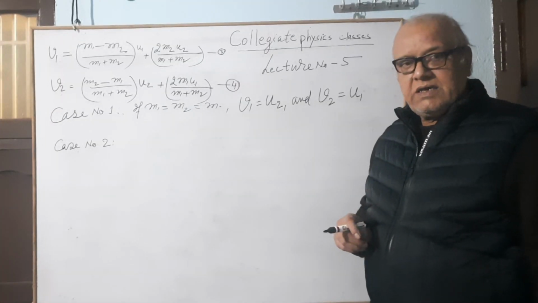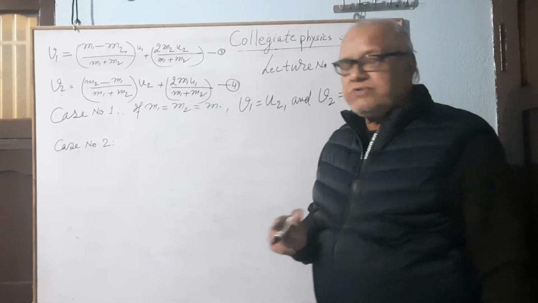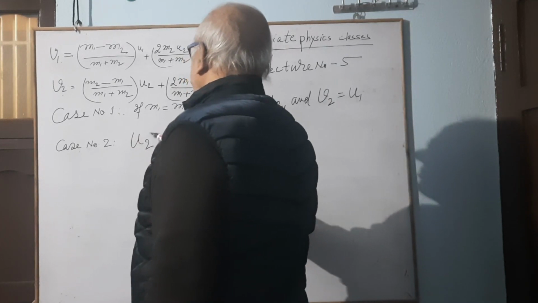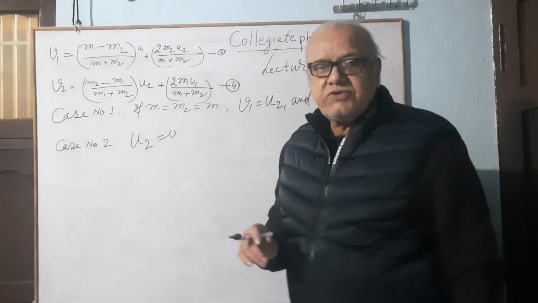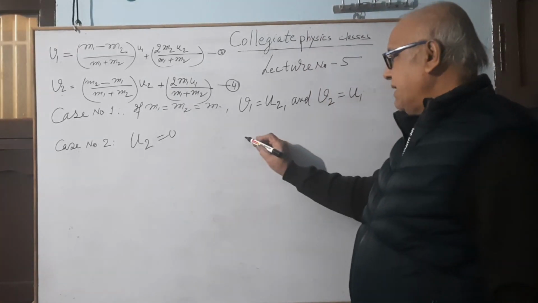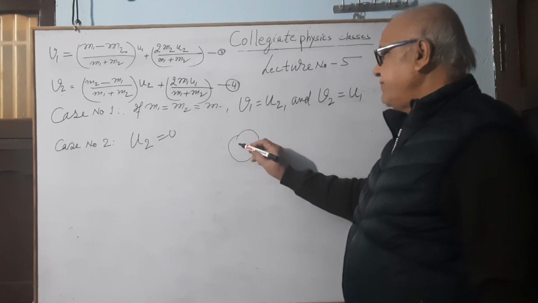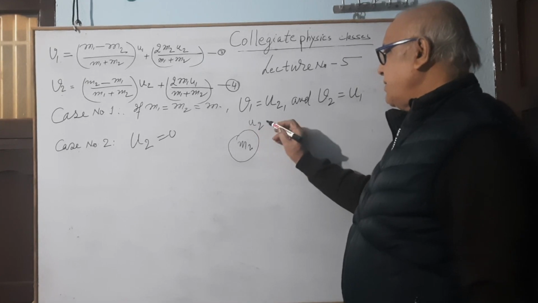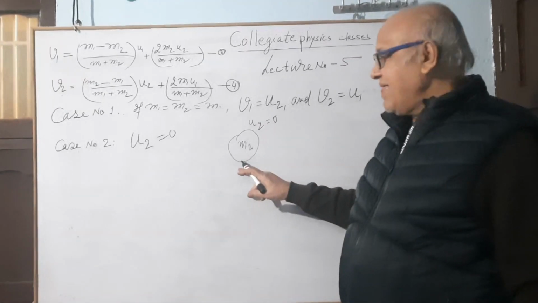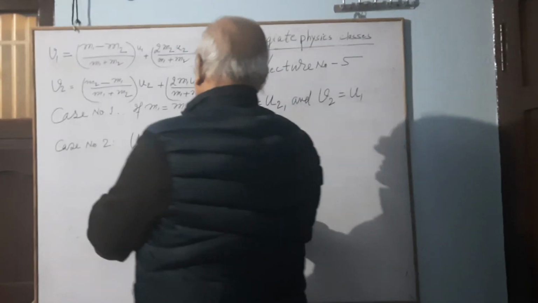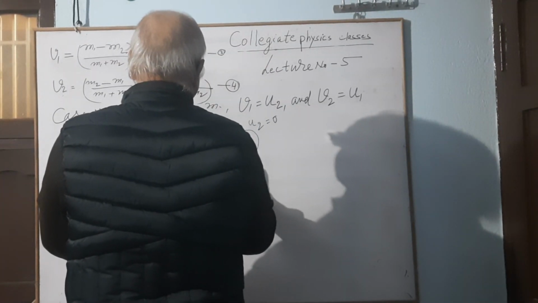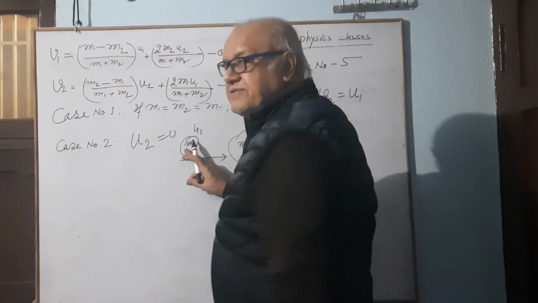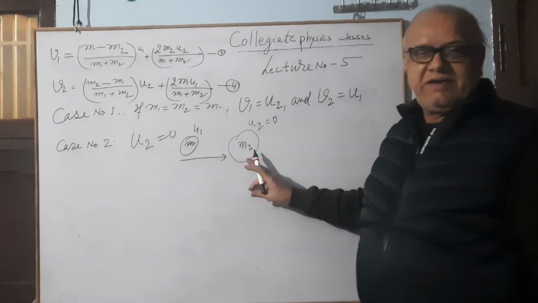Further, if we assume that u2 is equal to 0, it means the second body is at rest and the first body is making a head-on collision.